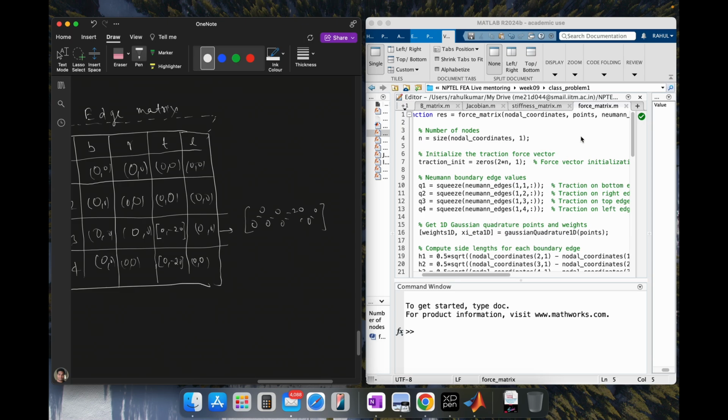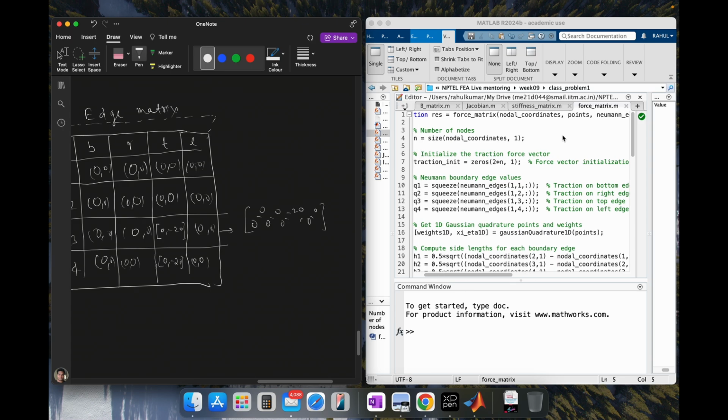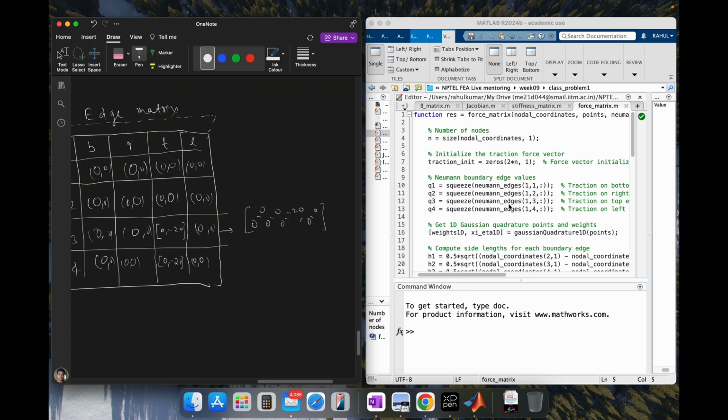So here it will take a Neumann edge where q1 is nothing but this thing, okay. This is q1, this is q2, this is q3, and this is q4. So which means that q1 will be what? It will be this, okay. q1 will be this, q2 will be this, q3 will be this, and q4 will be this. So that's why it is doing what?